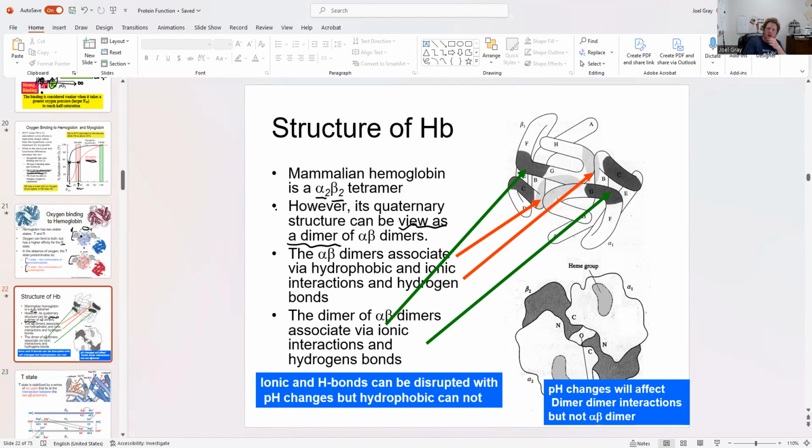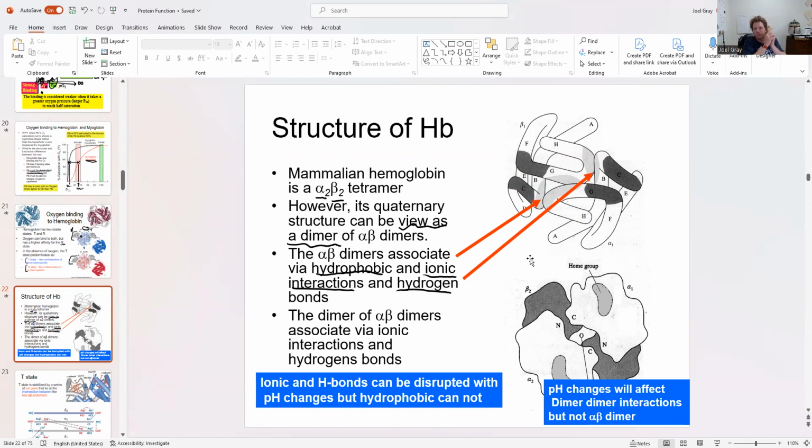So the alpha beta dimers associate through hydrophobic interactions and ionic interactions and hydrogen bonding. Think about it as you've got an alpha part and a beta part that come together to make dimer number 1. And then you've got another alpha part and another beta part that come together to make dimer number 2.